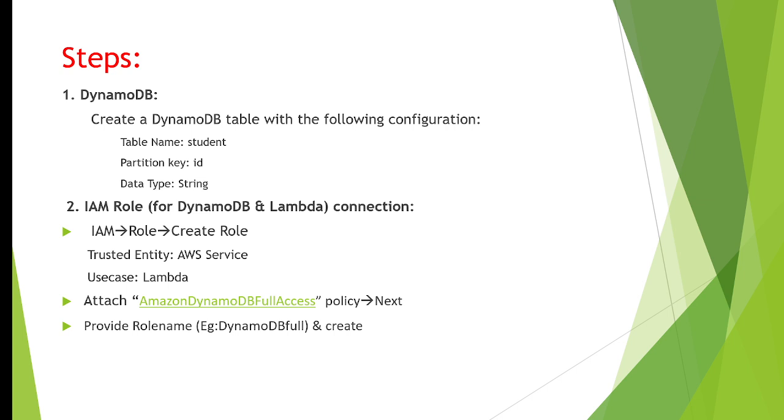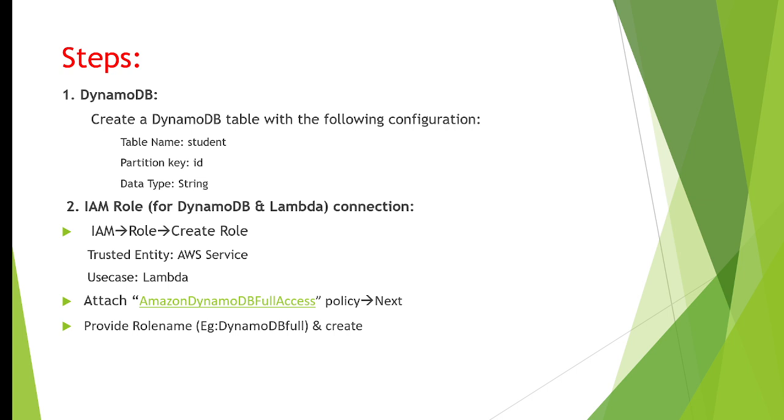So these are the steps we have to follow. First thing, I am going to create one DynamoDB table, where this is the configuration: the table name is student, partition key is ID, data type string. Second thing, I need to create an IAM role. This is very important because for service to service communication, we need to create the IAM role.